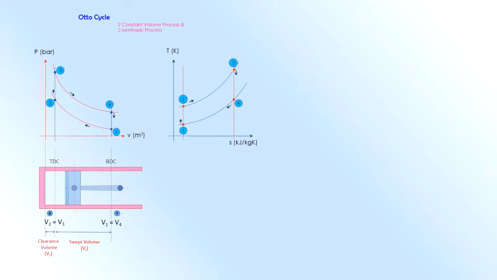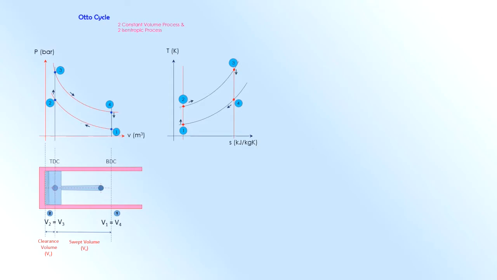Okay, so you have the PV diagram for work and the TS diagram for heat. And remember, from the previous slide, I did mention that when the entropy increases, you have heat supply. When the entropy decreases, you have heat rejected. When the entropy remains unchanged, then you have no heat transfer.